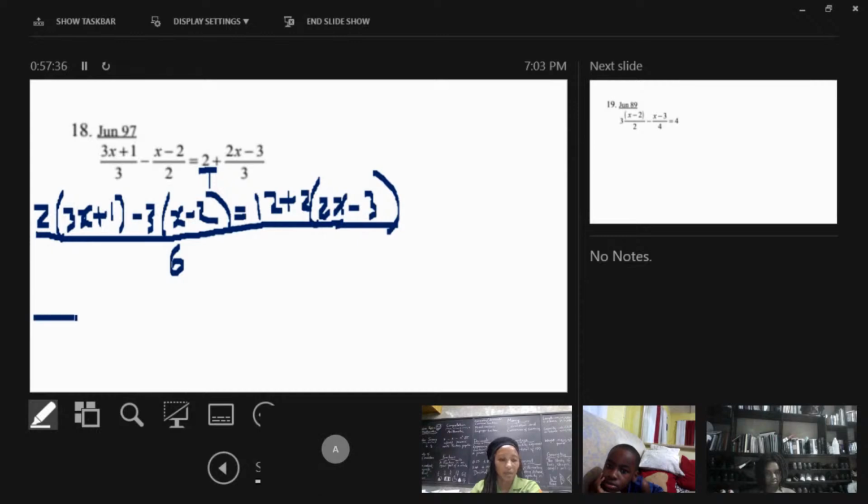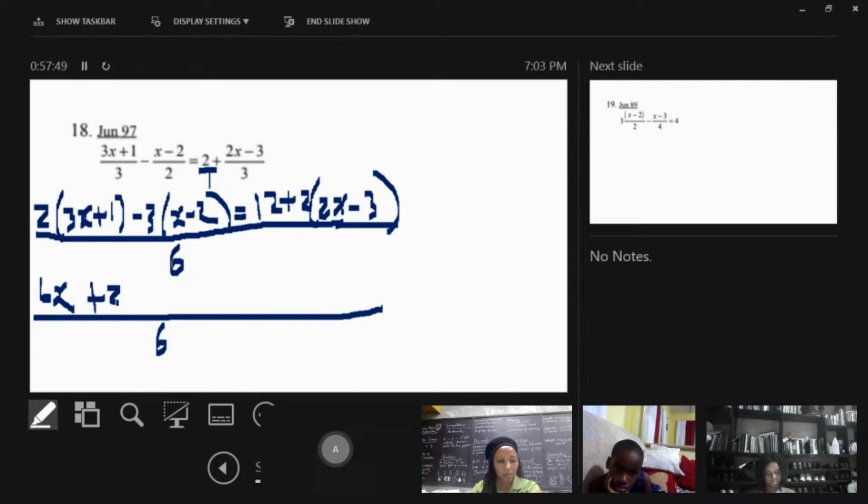All right, so expand the brackets. We're going to have 2 times 3x is 6x, and 2 times 1 is 2, so 6x plus 2. Negative 3 times x is negative 3x, and negative 3 times negative 2 is plus 6.